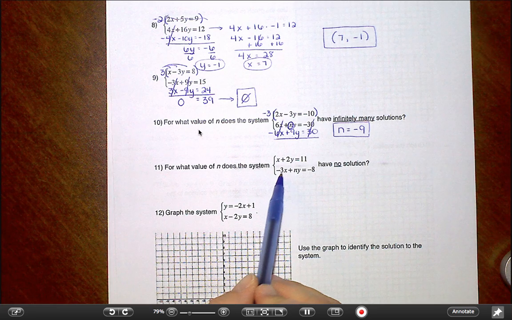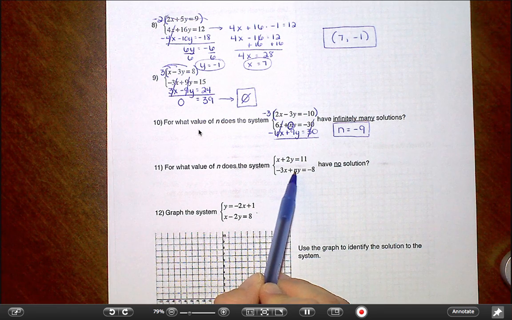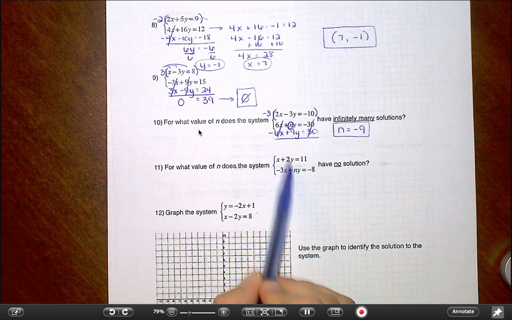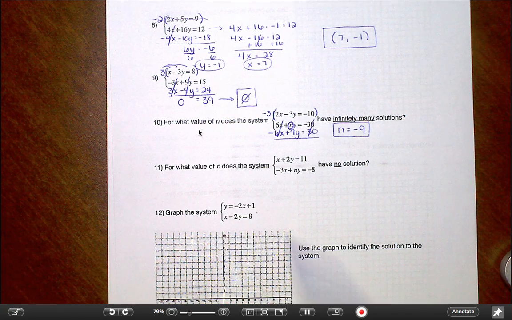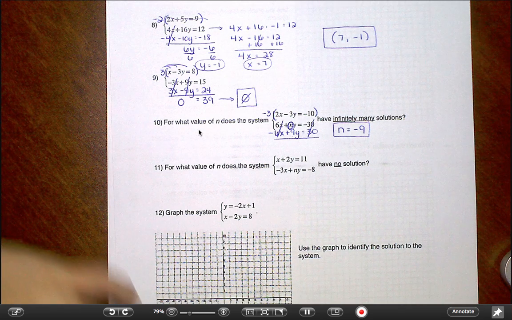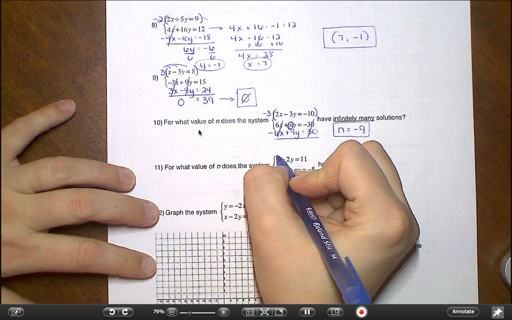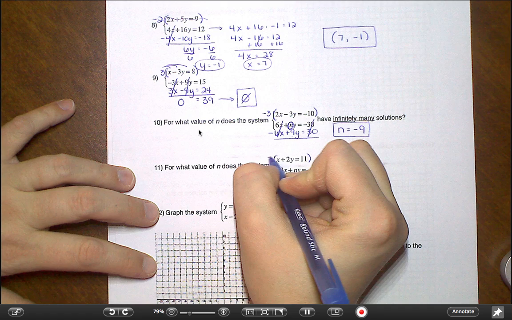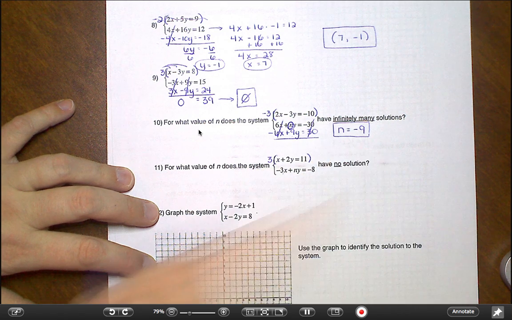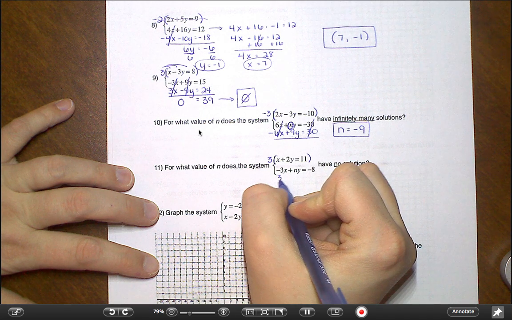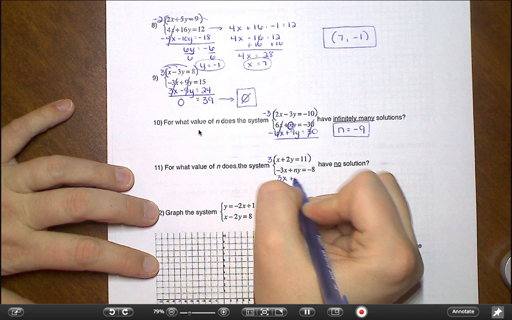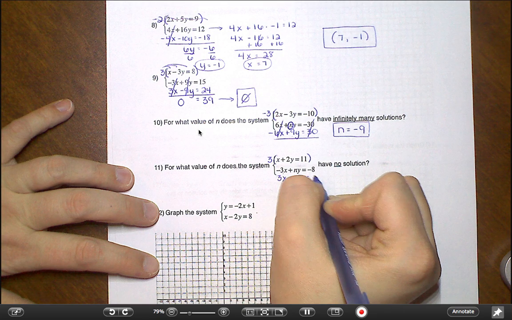So in this one again, I'm looking for a number to put here, so I can't mess with these too much, but I can mess with the x's. I want to get my x's set to cancel out, and I'm really loving the 3's today. I'm going to multiply this top equation by 3 so that this would become a 3x to mix with that -3x. So when I multiply, I get 3x plus 6y equals 33.